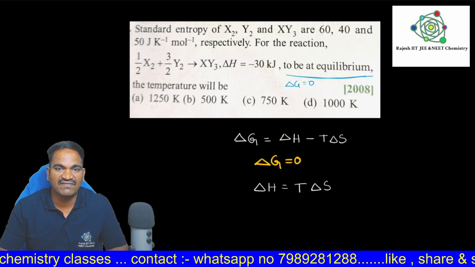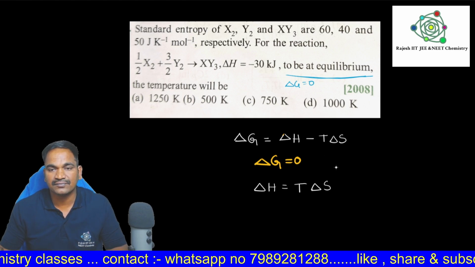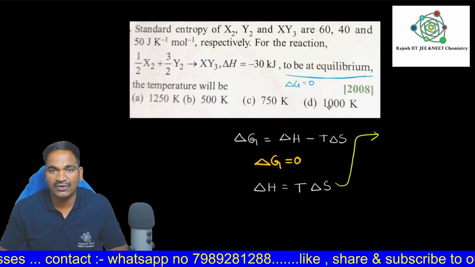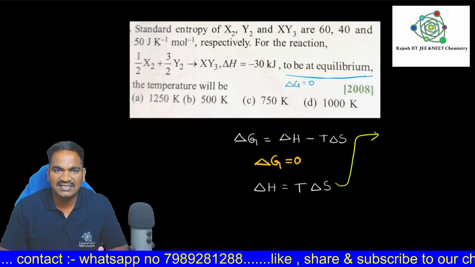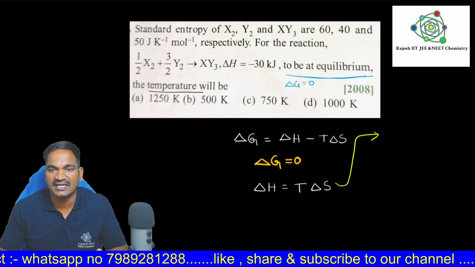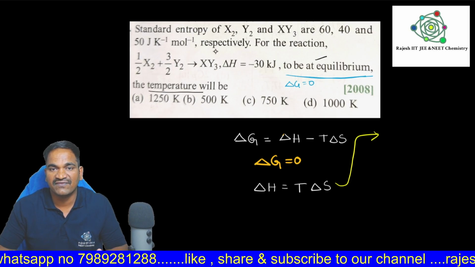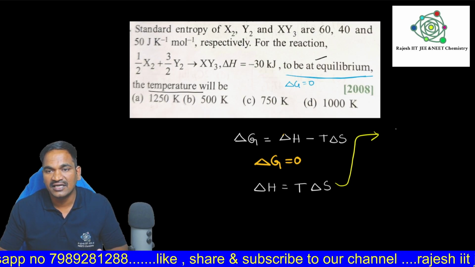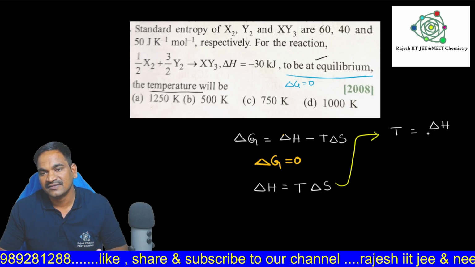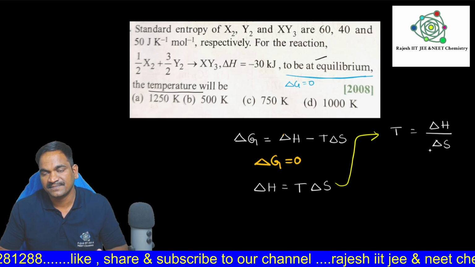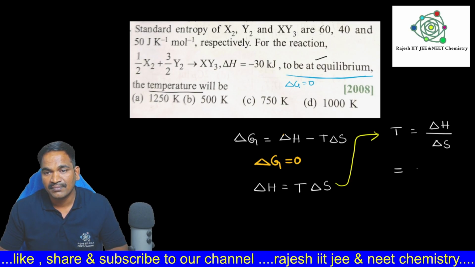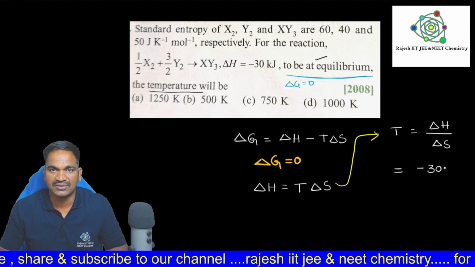Now substitute the given values in this equation. But before that, what are they asking here? They are asking about temperature. At what temperature it will be at equilibrium. Therefore I am taking T is equal to delta H by delta S. Delta H value is already given, that is minus 30 kilojoules.